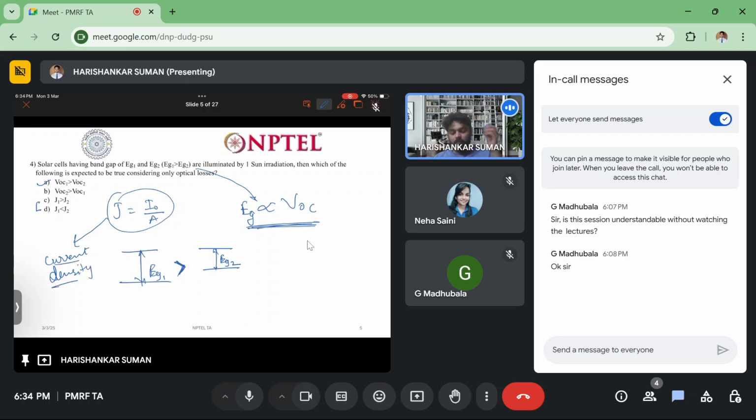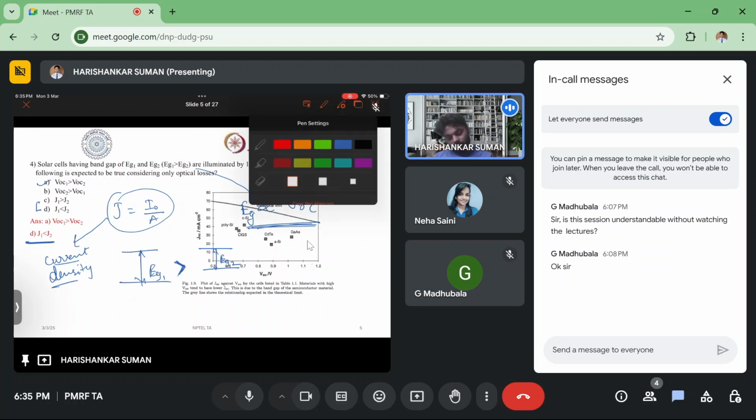J means current density. So current density is reverse.